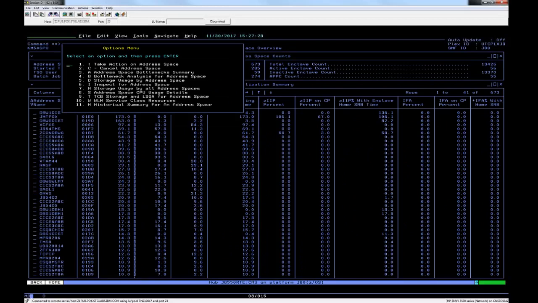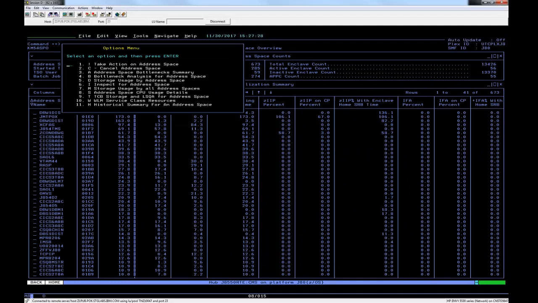One can look at the execution of TCBs in the address space and detect down to the instruction level where an address space may be spending its time. You can actually identify where a loop is if you have a mapping, a listing of a module or a program.